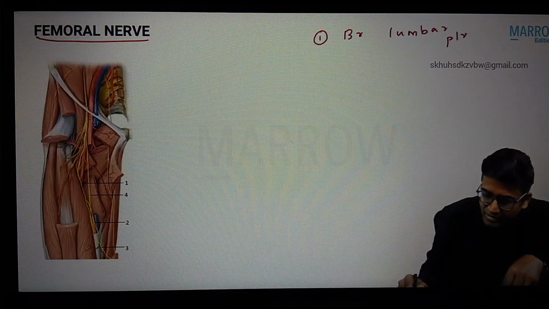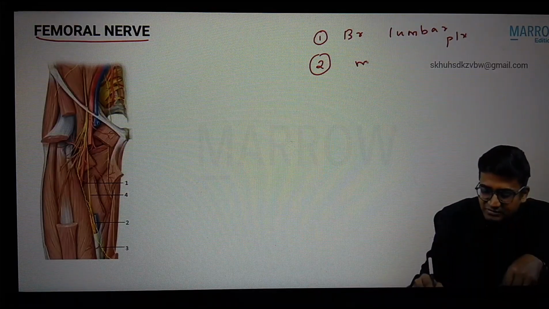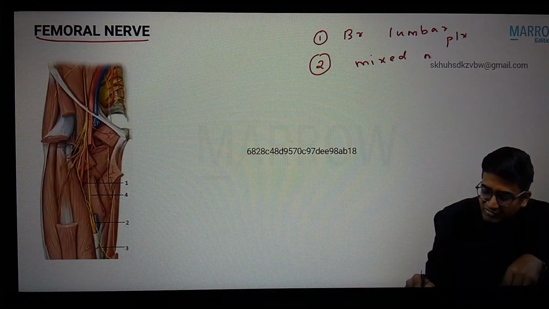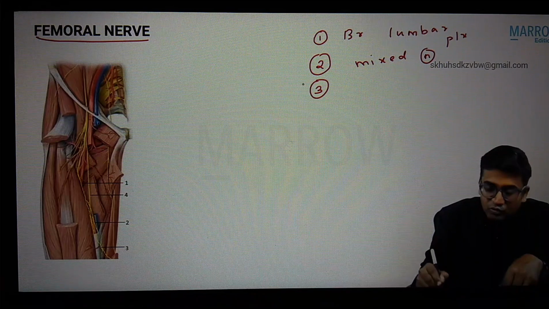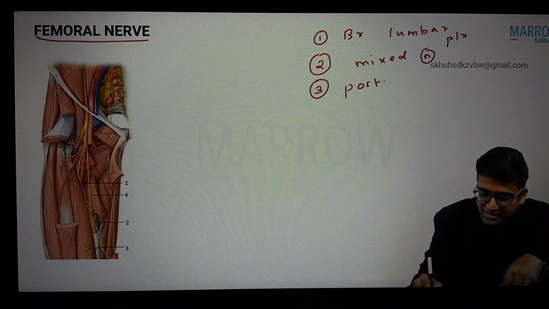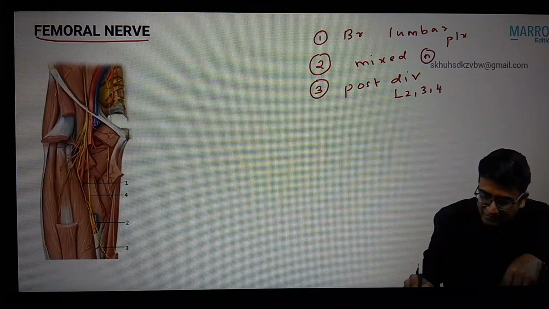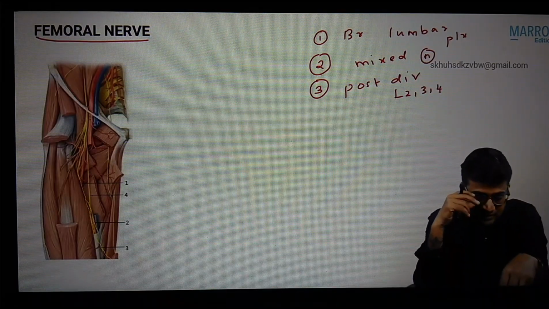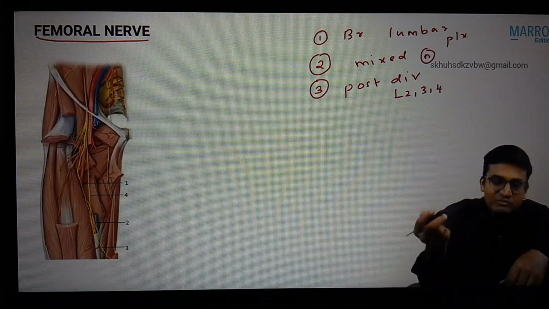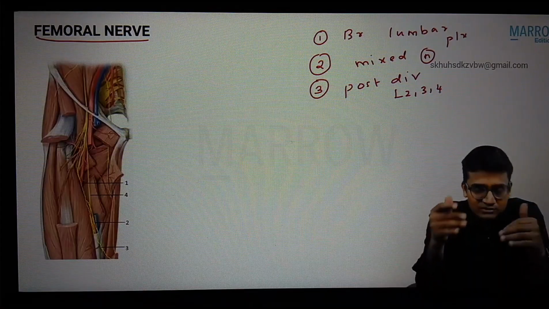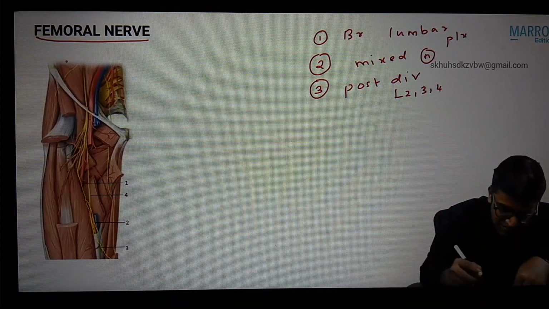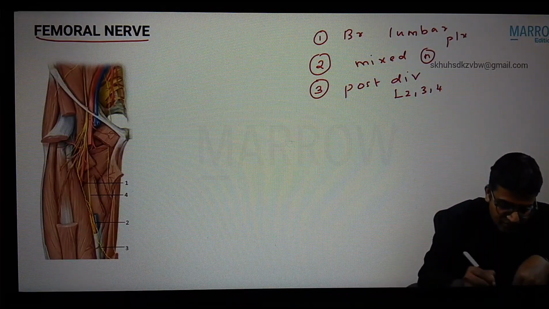The femoral nerve is a mixed nerve, carrying sensory fibers and motor fibers. Femoral nerve root value, posterior division of L2, L3, L4.